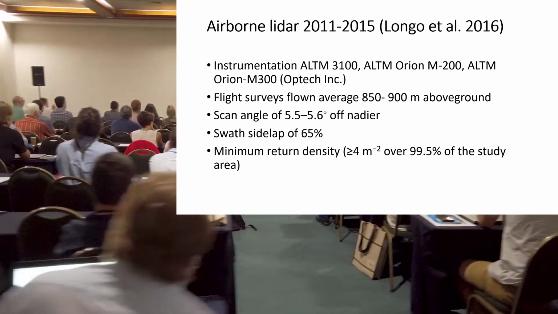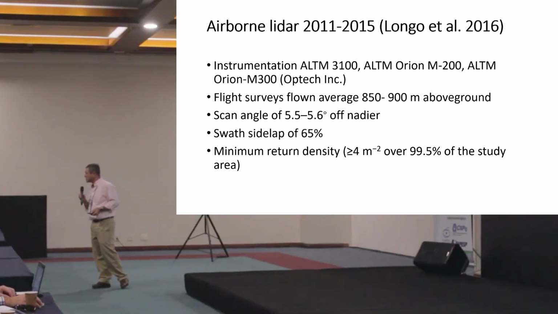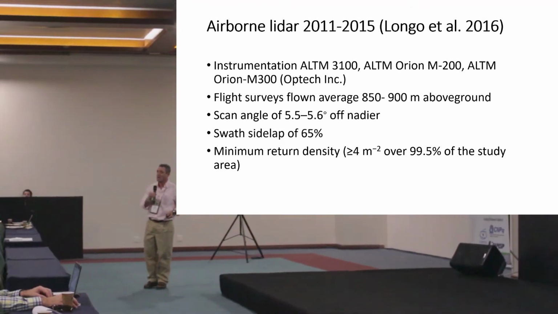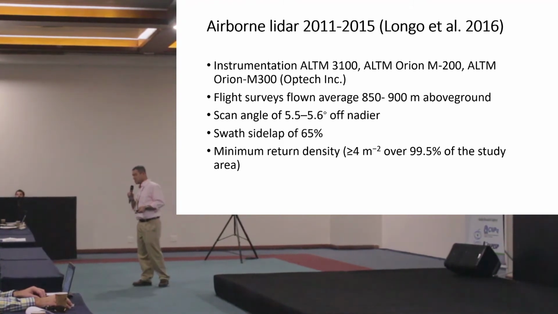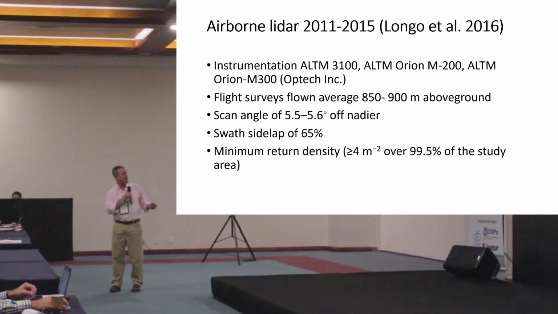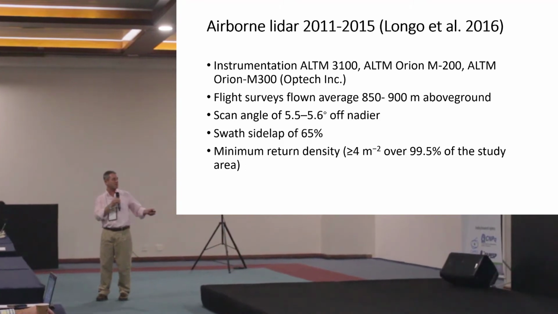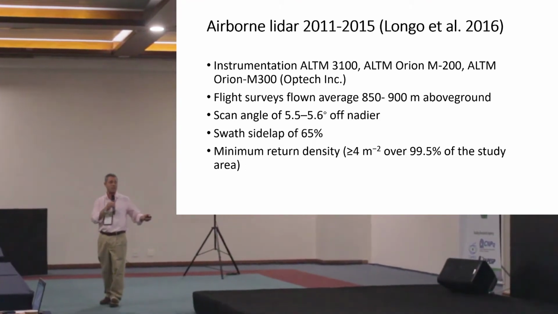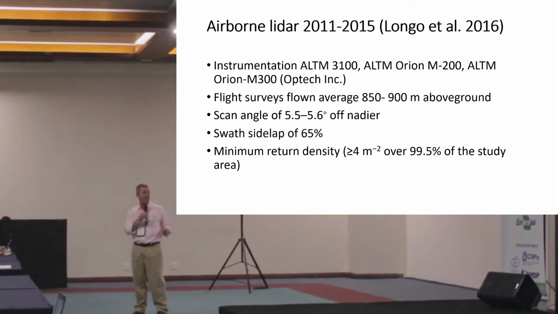We collected commercial data. We paid commercial operators here in Brazil, very professionally done, excellent job from our vendors who are unnamed. I'm not allowed to promote commercial operations. But we collected it with this instrumentation. We flew relatively low. We had a very narrow scan angle because we wanted to collect nadir data primarily.